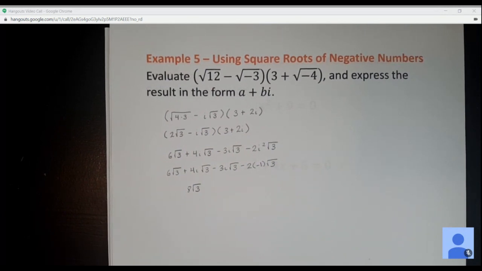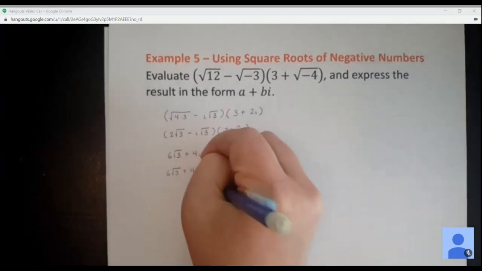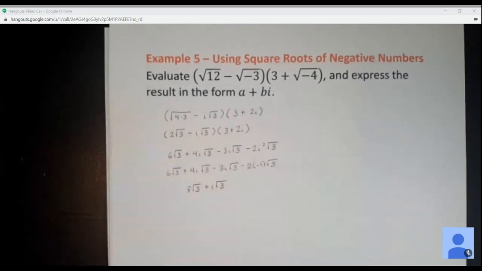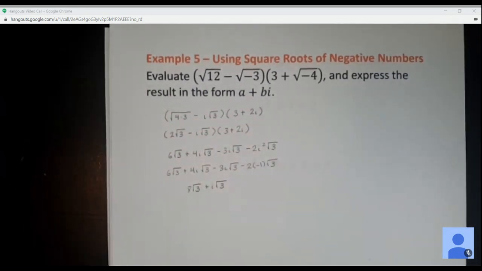Now we can do the same thing with the imaginary parts. So if we combine those, what should we end up with? Awesome. Positive i times the square root of 3. So we get 8 square root of 3 plus i square root of 3. Here's our real part. Here's our imaginary part. That's in the correct form, and that's our final answer there.